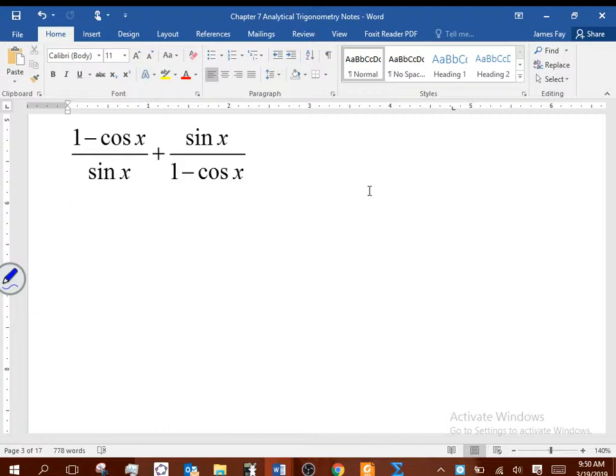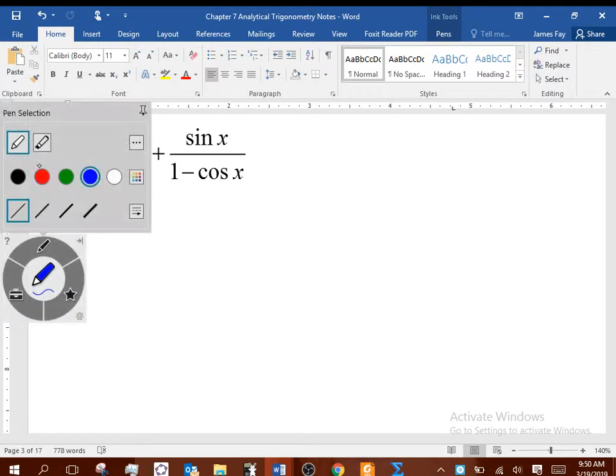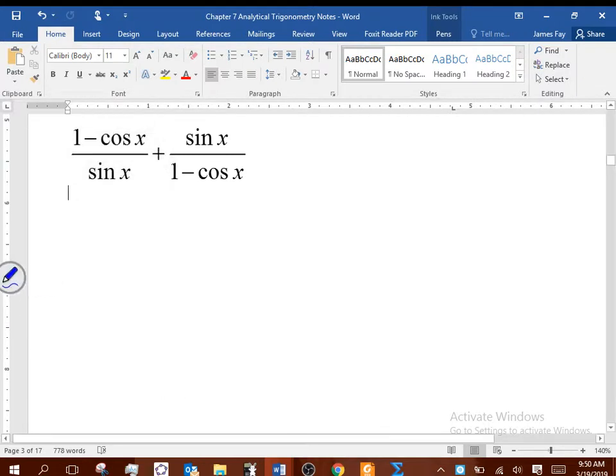All right, so if I'm going to add these two fractions together, what do I have to have? Common denominator. What's that common denominator going to be? Sine x times 1 minus cosine x, right? So this fraction here, I'm going to rewrite there.